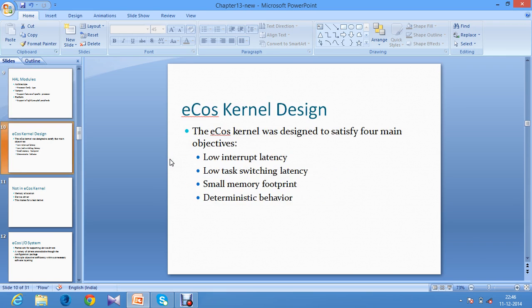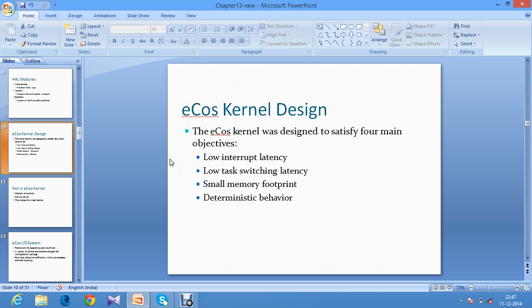The next one is eCos kernel design. The eCos kernel was designed to satisfy four main objectives. Low interrupt latency: the time it takes to respond to an interrupt and begin executing an ISR. Low task switching latency: the time it takes from when a thread becomes available to when actual execution begins. Third is small memory footprint.